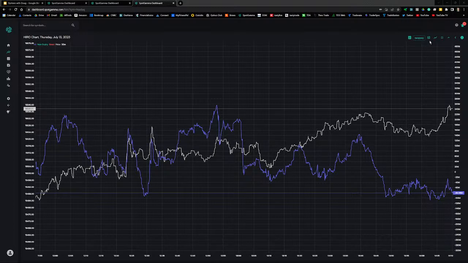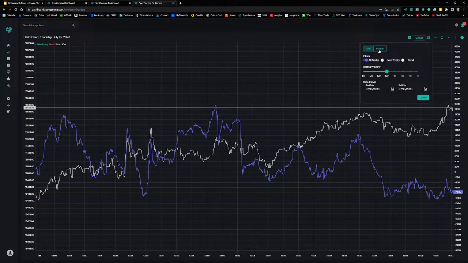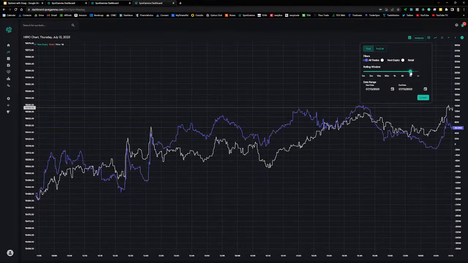So to me, this is a little bit more clear. So in the morning, I'm always looking at the entire 1 day look back period. In the afternoon, especially when I see a Hero flatline, you can zoom in or you can change your rolling window period here. So let's go back to 1 day.